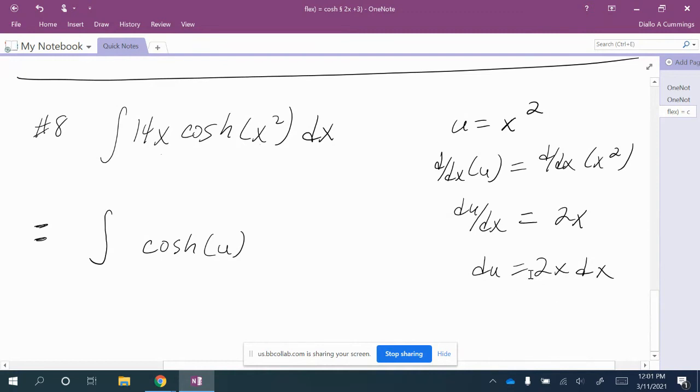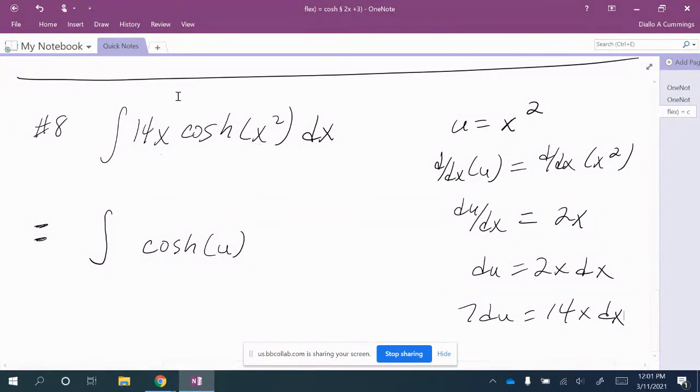In order for me to make this 2x dx a 14x dx, I must multiply by 7. Remember, whatever you do to one side, you must do the exact same thing to the other side. So I'm going to multiply both sides by 7. So I have 7 du is equal to 14x dx.